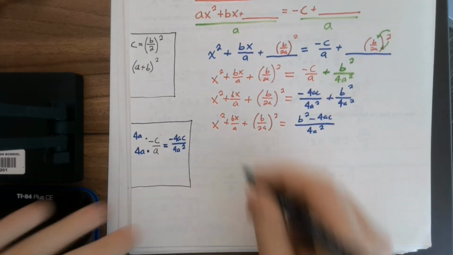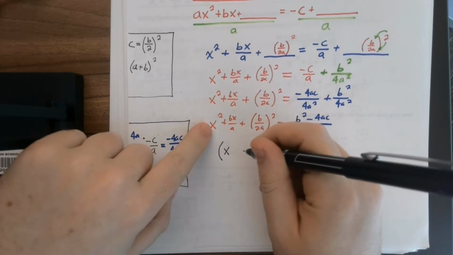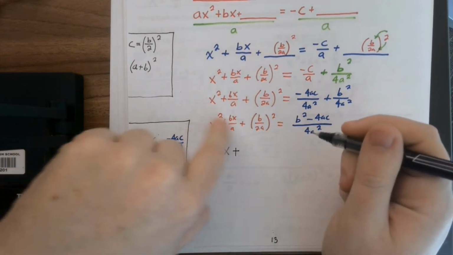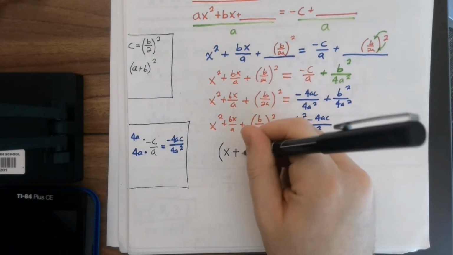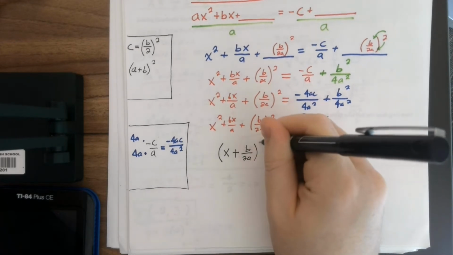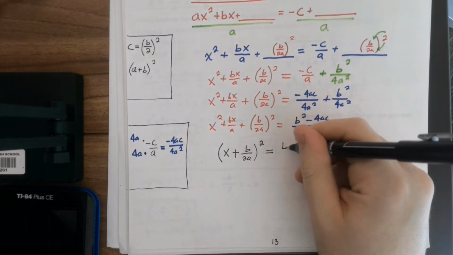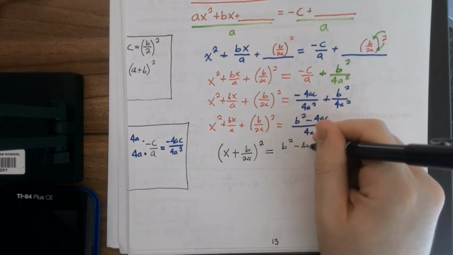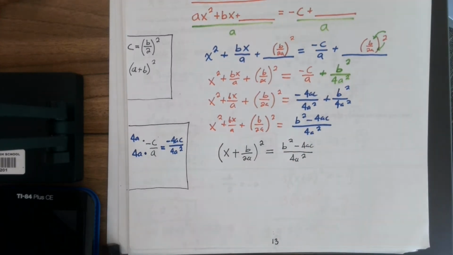So we're allowed to rewrite this side as x, because that's the square root of x squared, plus the square root of b over 2a squared is just b over 2a. And we squared the whole thing. So this equals b squared minus 4ac all over 4a squared. And now we can finally start to get x by itself.